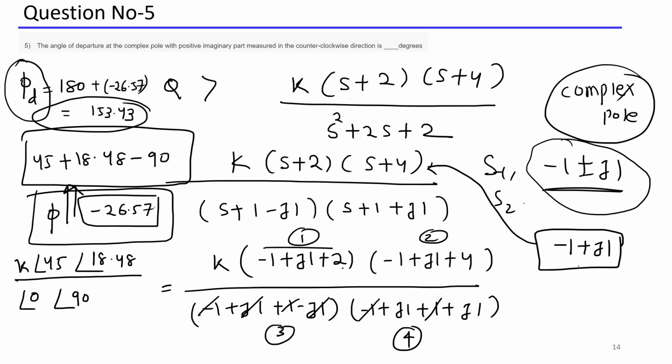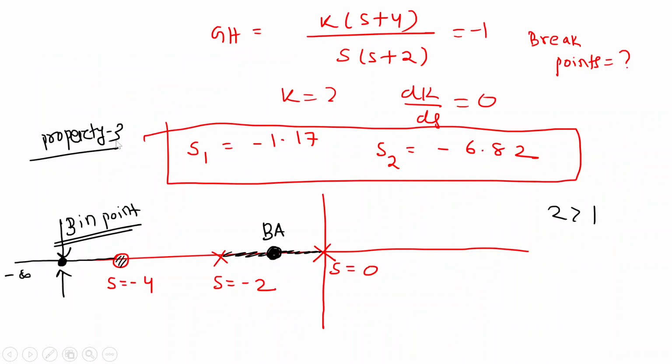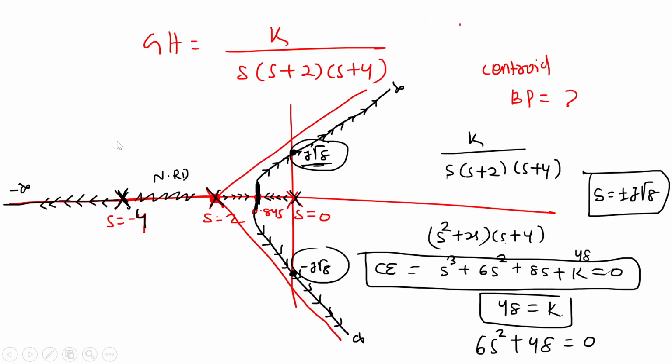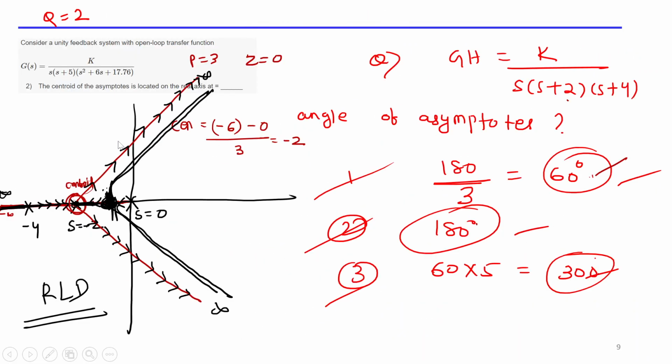You check any question. I think question number 5. Otherwise, this is question number 2, where I'm writing K divided by s into s plus 5, into s square plus 6s plus 17.76, right, sir?